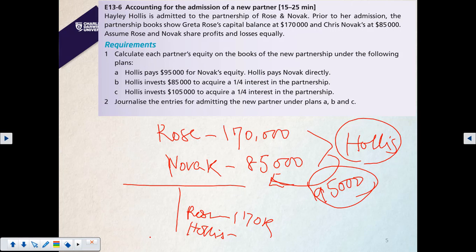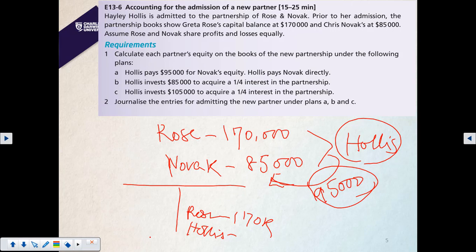So the deal is basically between Novak and Holly. It doesn't matter. She is not giving $95,000 to the business. She is paying personally to him. So I am a partner of this business, for example, Rose. I just know that there is a new partner coming. I don't know the transaction between them.